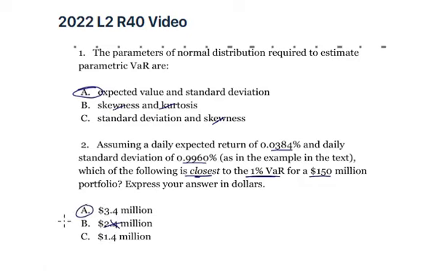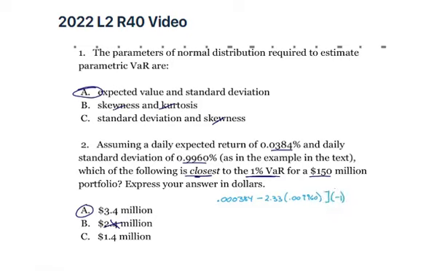But let's assume that we didn't know what the 5% loss was. How would we calculate this, right? Well, it's the expected return on the portfolio, 0.000384. I'm putting it in decimal form because that's percent. You got to add the 2 zeros, right? Minus, we want 1%, so it's 2.33 standard deviations away, and our standard deviation is 0.009960.